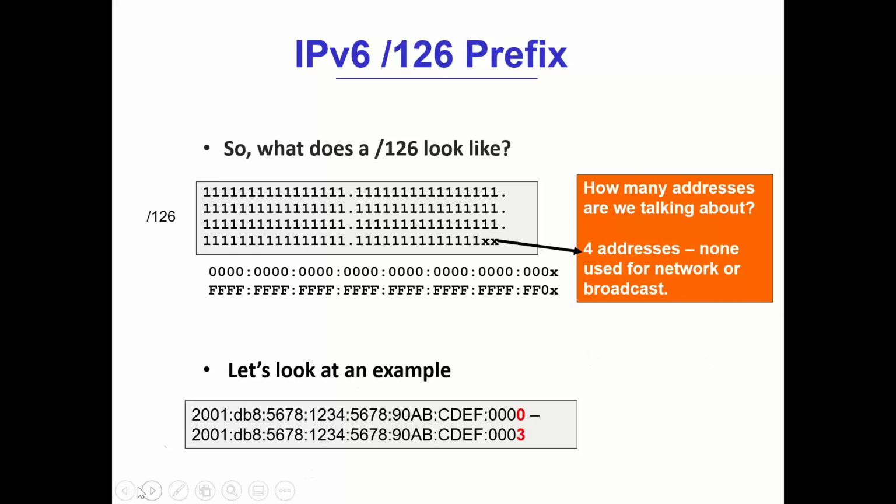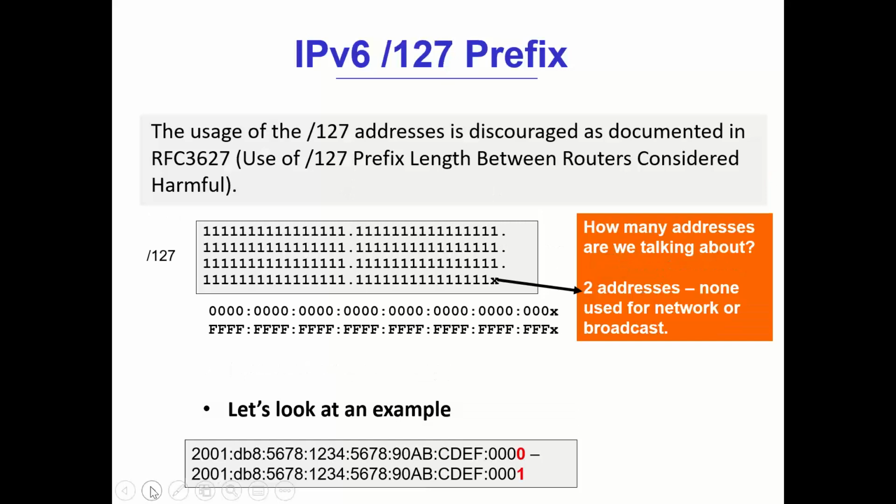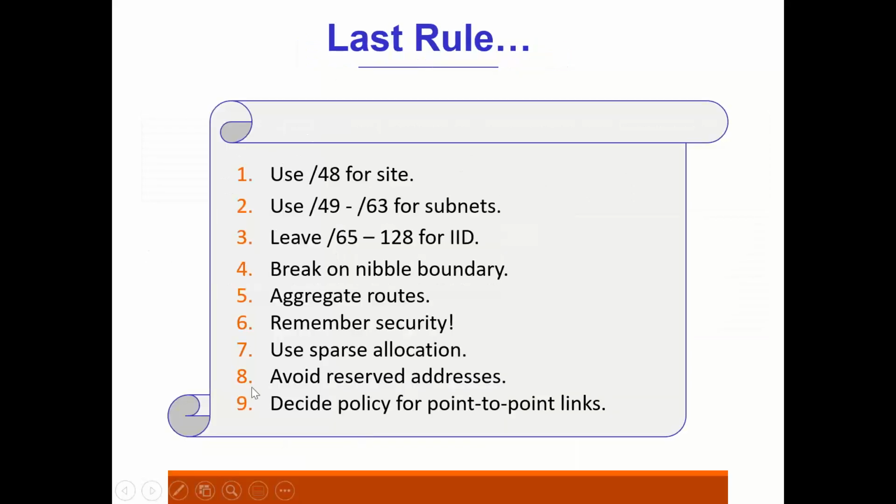Should you use a /126, or heck, we've got a lot of /64s available, we can use that. Should you do a /127? There are a couple of RFCs on what not to do, but you can consider that. It's discouraged, but maybe you like it, and so you can do that. But you have to decide your policy for point-to-point links.